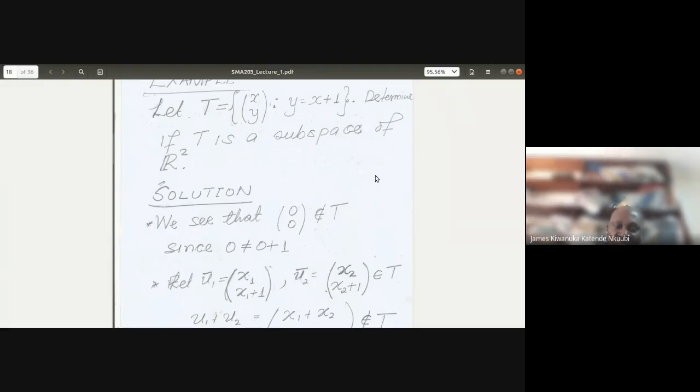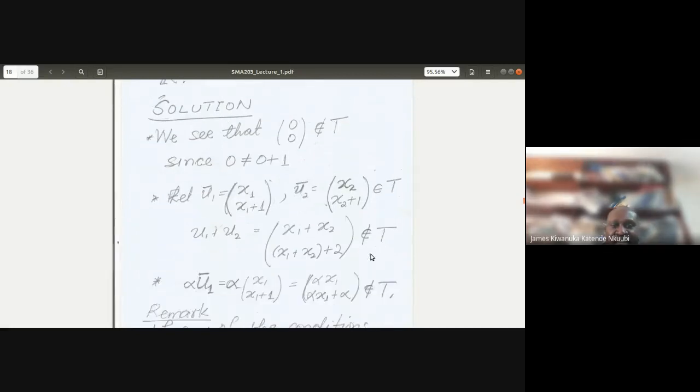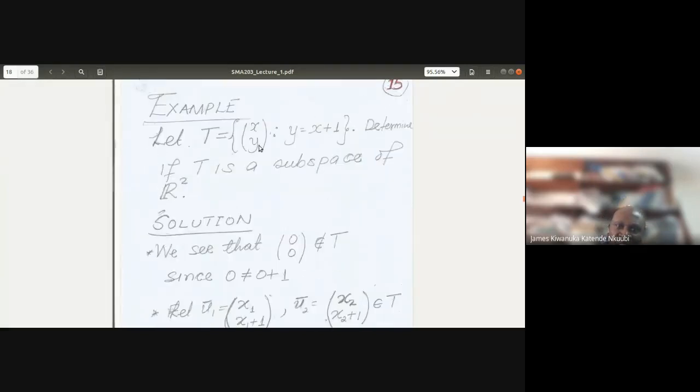But I've checked the other properties just to show you how it works. And we see that even the other two remaining properties are not satisfied. So we check the second property. If you pick any two vectors in T, it means the y component will always be of the form x plus 1.